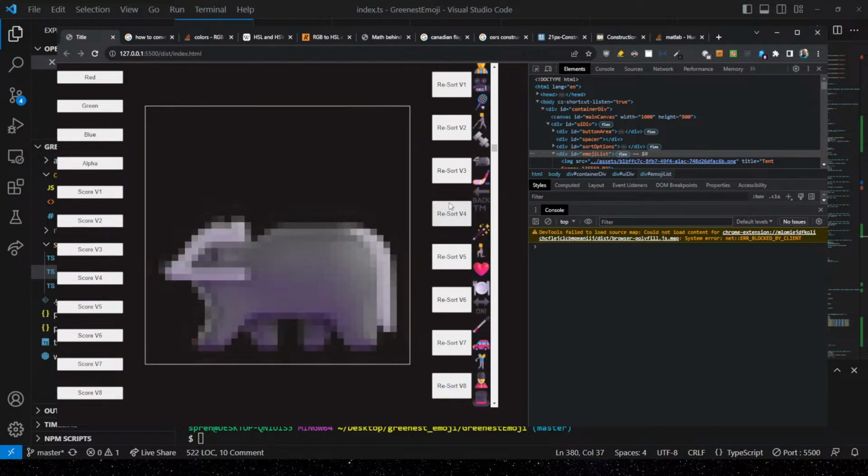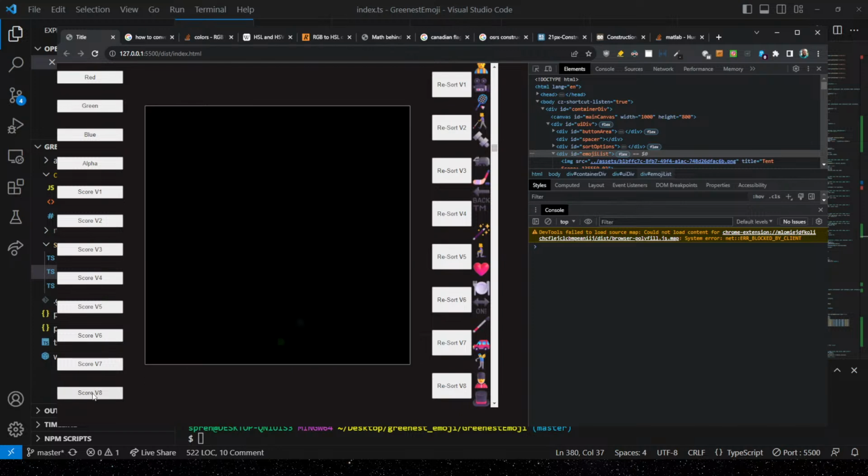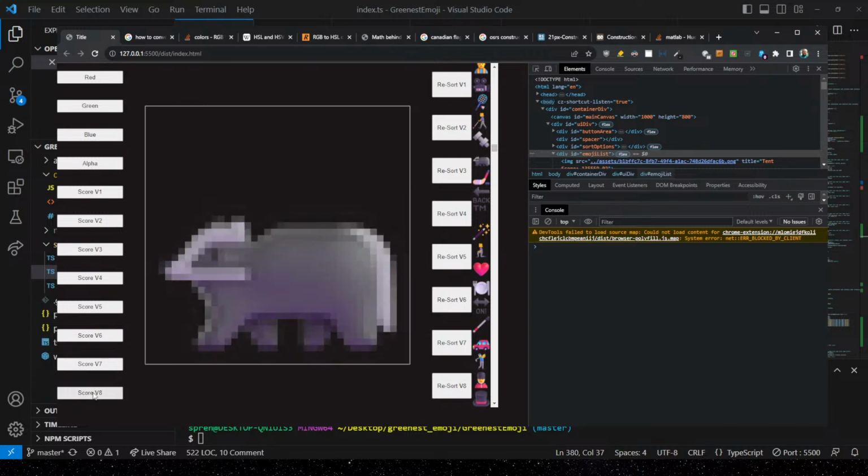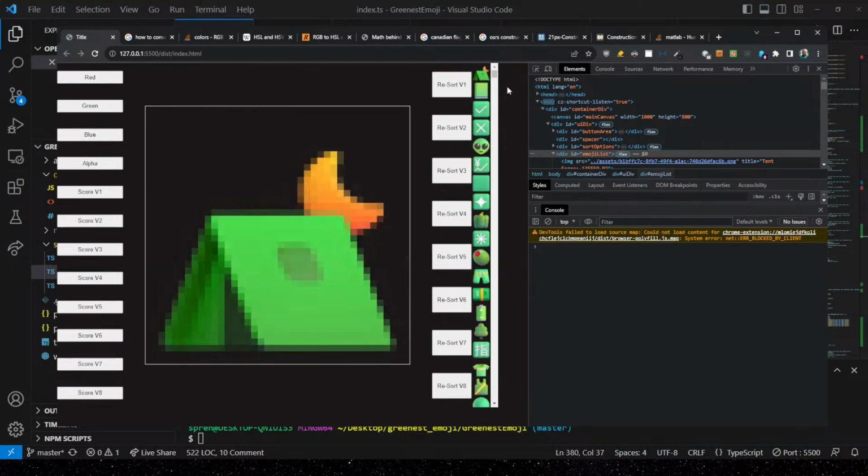A badger is 34 green. Well, alright then. Wow. It's really good. I'm pretty happy with it, but it's got these weird problems.